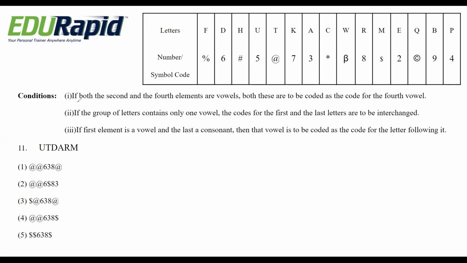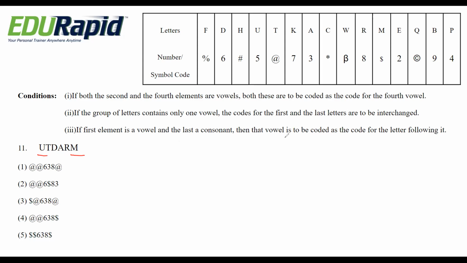Let me see the first condition. If both the second and the fourth elements are vowels. No, the second one is not a vowel, it is a consonant. T is present. Let me check the second condition. If the group of letters contains only one vowel, here it is two vowels, U and A. So that also does not follow. Third condition: if the first element is a vowel and the last one is a consonant. Yes, it follows.